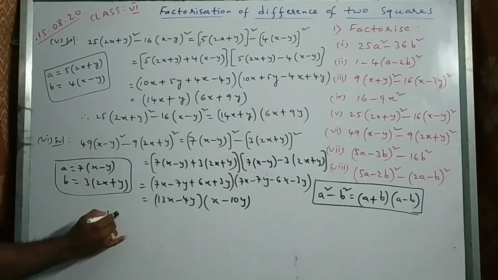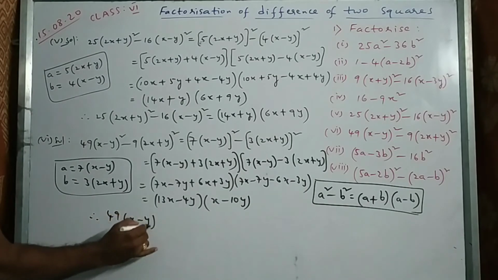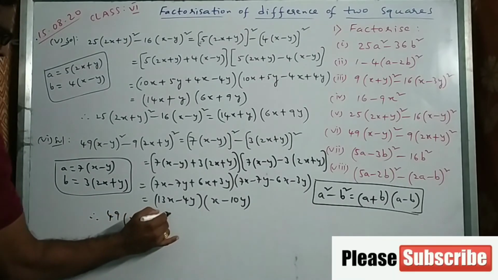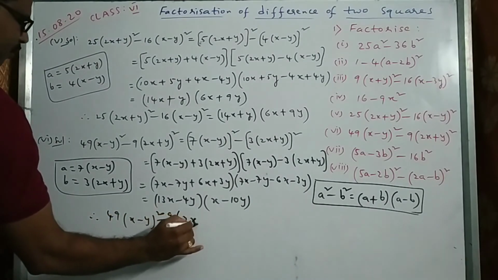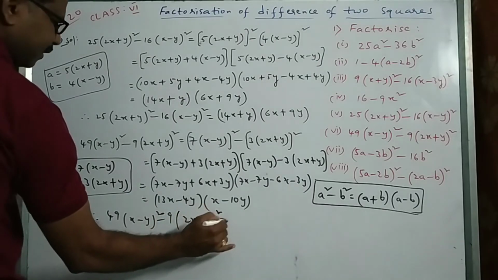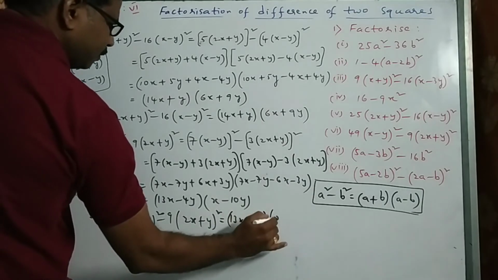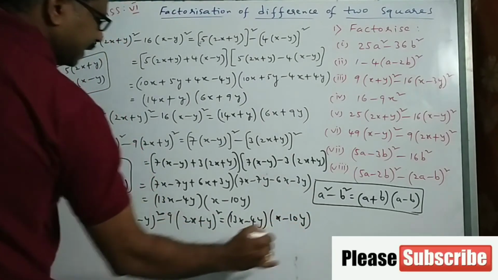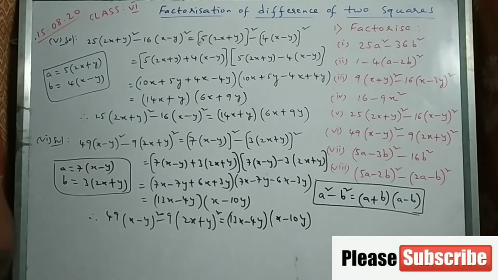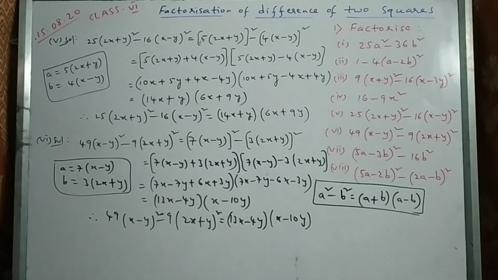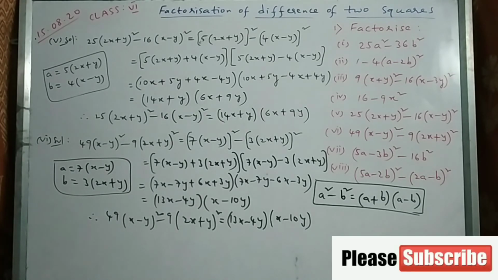Therefore 49 into (x minus y) whole square minus 9 into (2x plus y) whole square equals (13x minus 4y) into (x minus 10y). That is the end of solution. Okay?